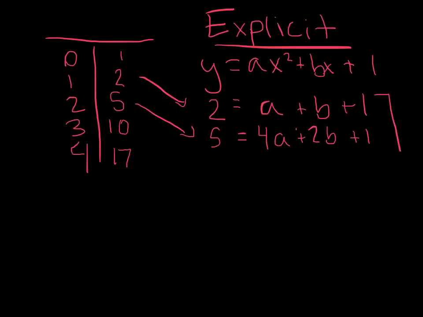And I'm going to use these two as a system to try to solve. So I'm going to keep this one as it is, and then I'm going to multiply that top one by 2.